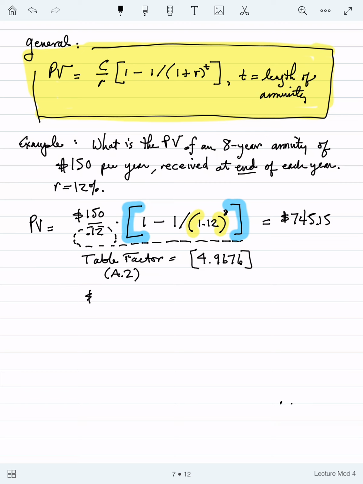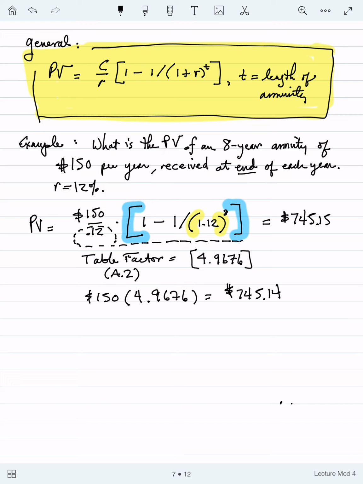So you could take the 150 times the 4.9676, and you actually get 745.14. So you have a 1 penny rounding error based upon our table.